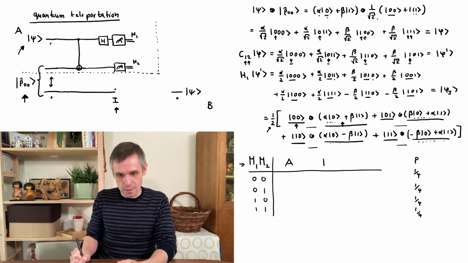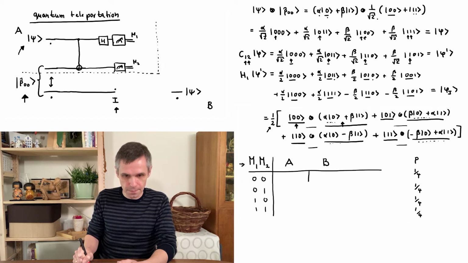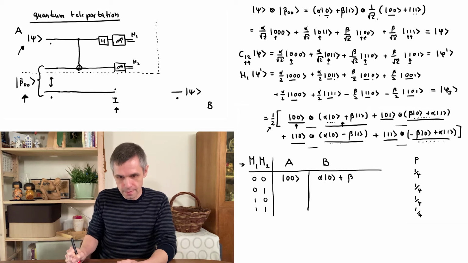And as these all separate into a piece for Alice and Bob, I'm going to list them separately here. So for the case that the outcomes are 0, 0, Bob's state is this state here.